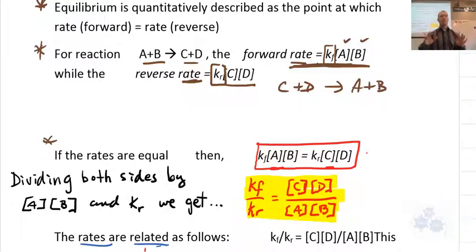Now, if we manipulate this equation, because both sides are equal, we can divide both sides by the same thing. If we divide both sides by the concentration of A times the concentration of B, and also divide both sides by K of R, we get this right here. That is the ratio of the constant for the forward rate over the constant for the reverse rate is equal to this.